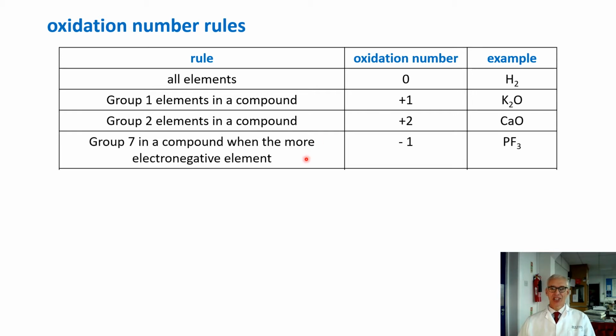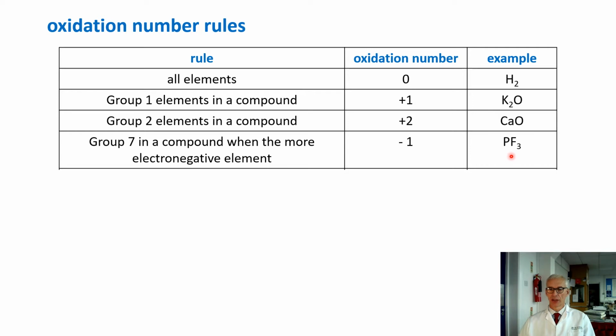Group 7, slightly more nuanced. Group 7 in a compound, when the group 7 element is the more electronegative element. So we need to have ideas of electronegativity here just to help us through. But group 7 elements in a compound, when they are the more electronegative element, are always -1.